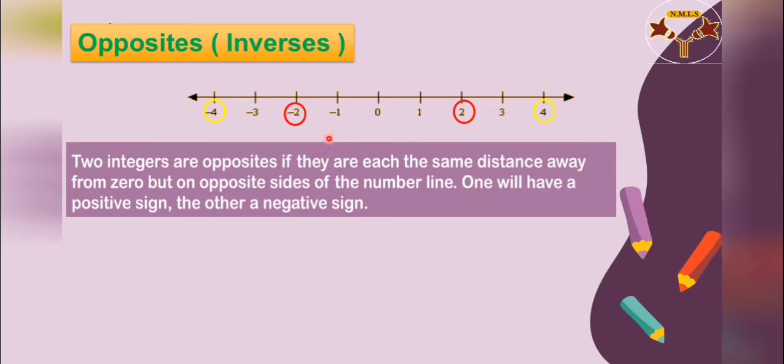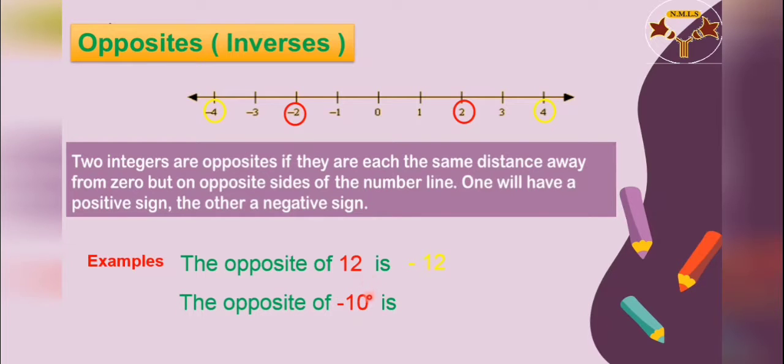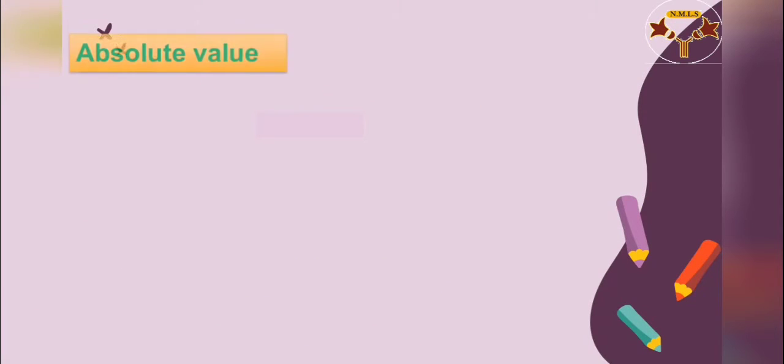One will have a positive sign and the other a negative sign. Examples: the opposite of 12 is, I will put the opposite sign, negative 12. The opposite of negative 10, I will change the sign, equals positive 10 or just 10. And what about the opposite of 0? 0 is neither negative nor positive, so the opposite of 0 is just 0.